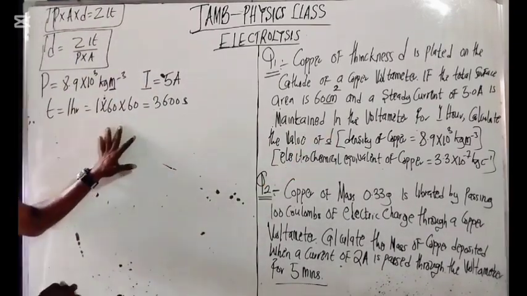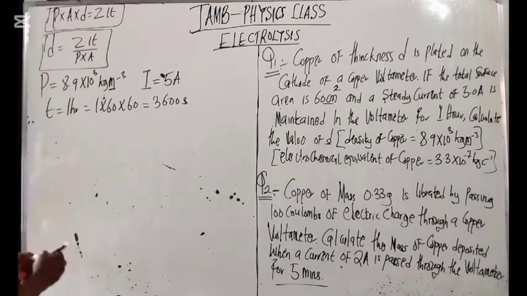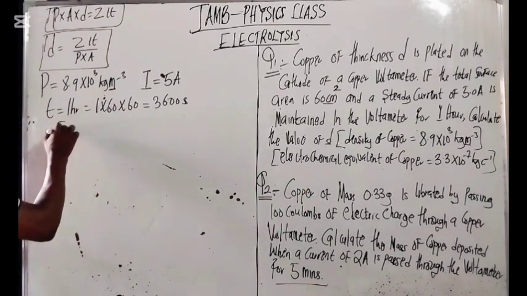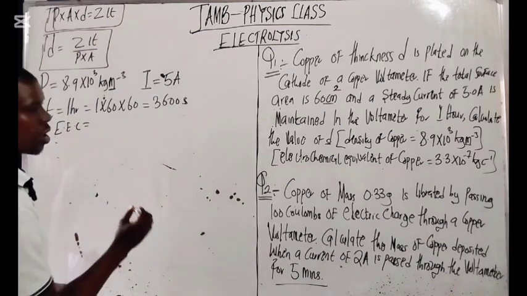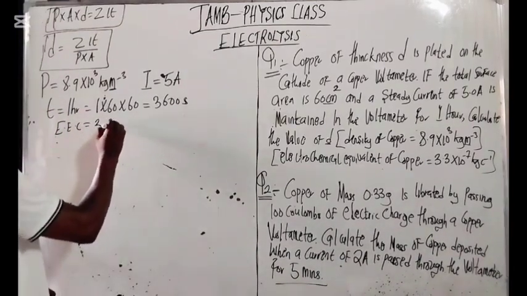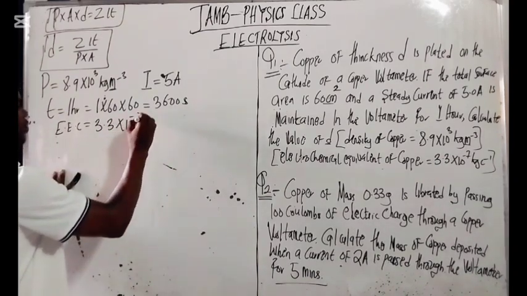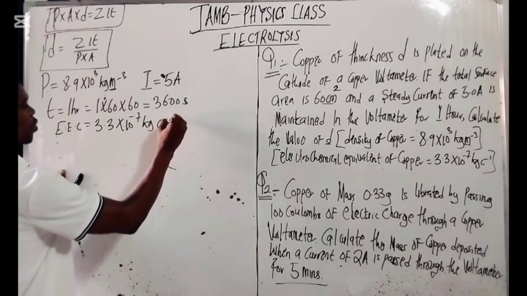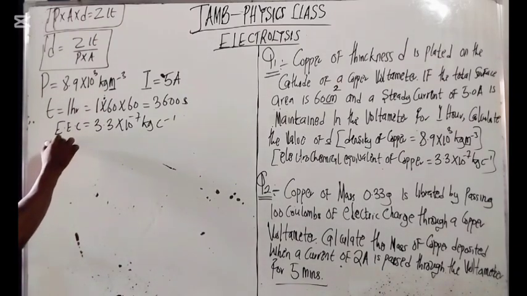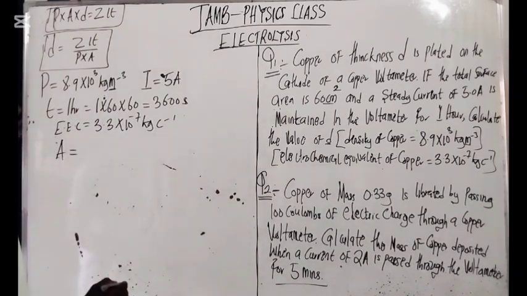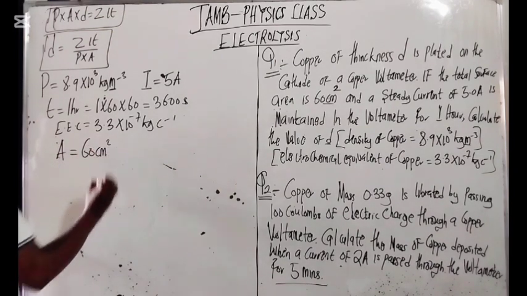So we are looking for our D. They give me the electrochemical equivalent, which is Z, 3.3 times 10 to the power minus 7 kg per coulomb. My area is 60 cm squared.